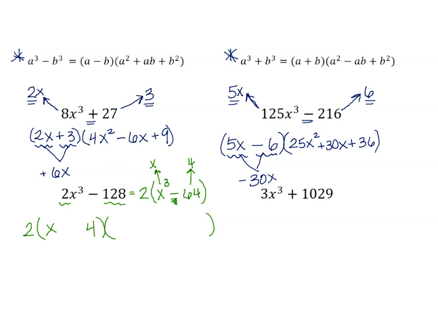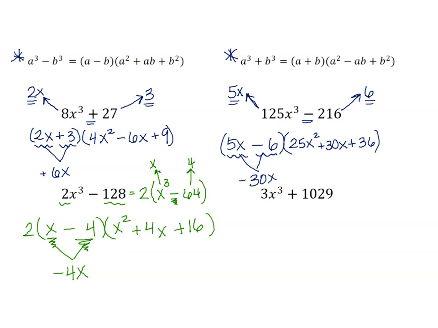I use the original sign, which was a subtraction sign in between them for my binomial. And now my trinomial. I square this term. I square this term. And I multiply them together and take the opposite.